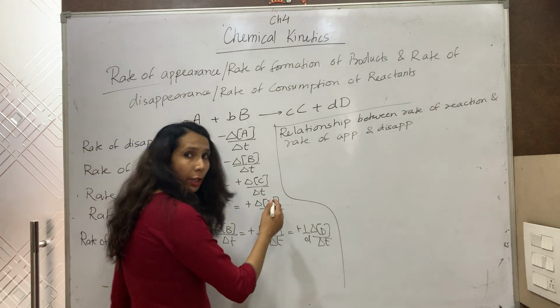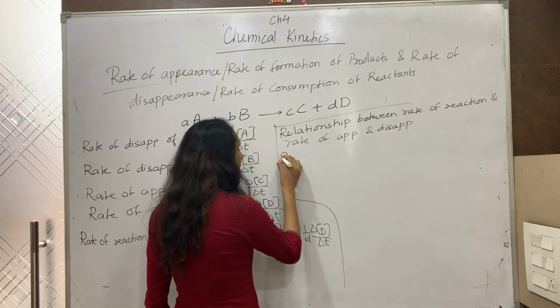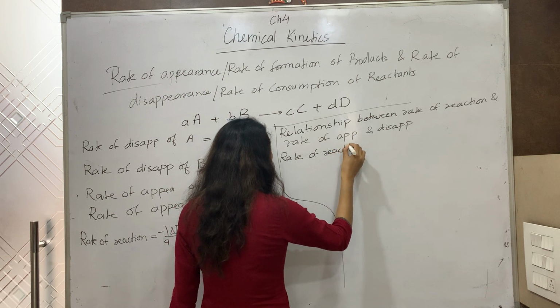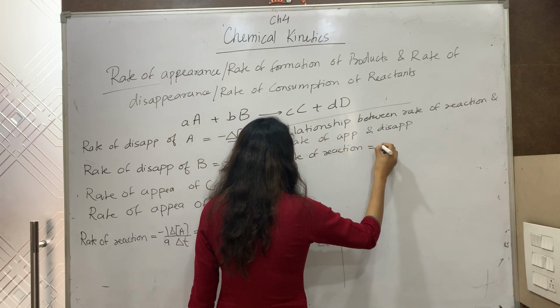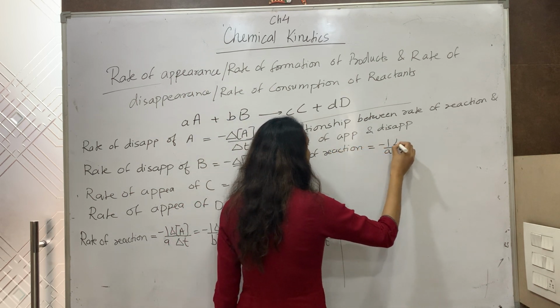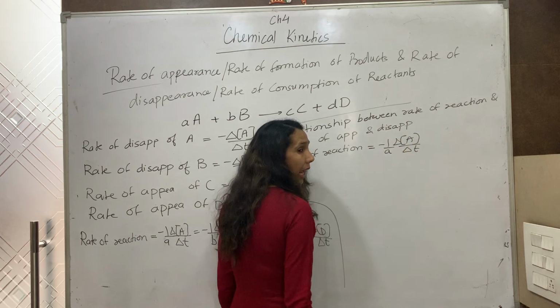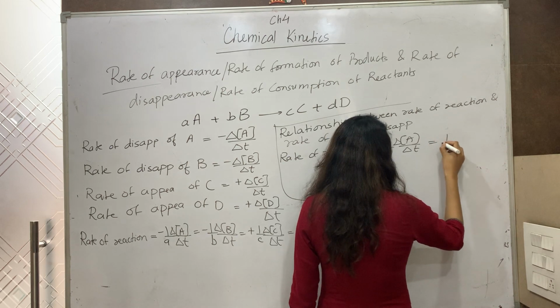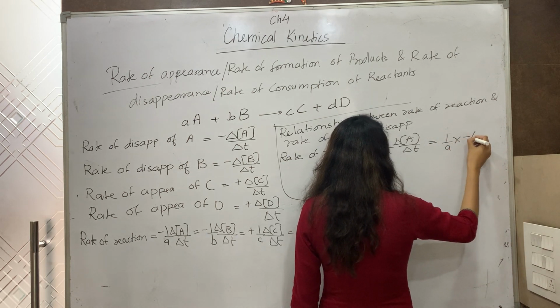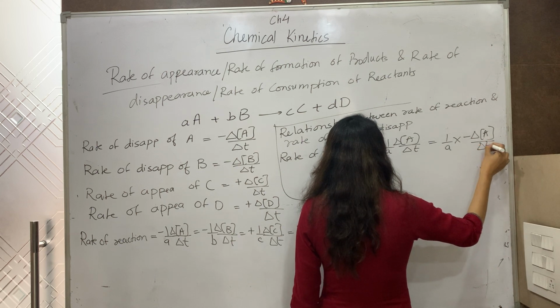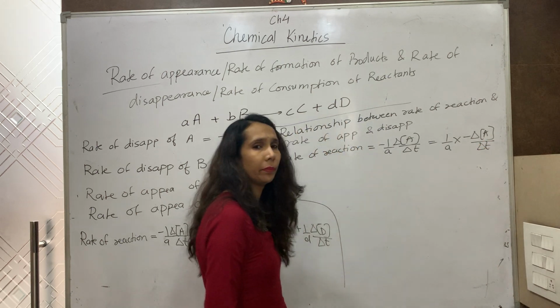What is the rate of reaction in terms of A? Rate of reaction, I am writing only in terms of A. Minus 1 upon A delta A by delta T. And I can write it as 1 upon A multiplied by minus delta A upon delta T. Just have changed the form.